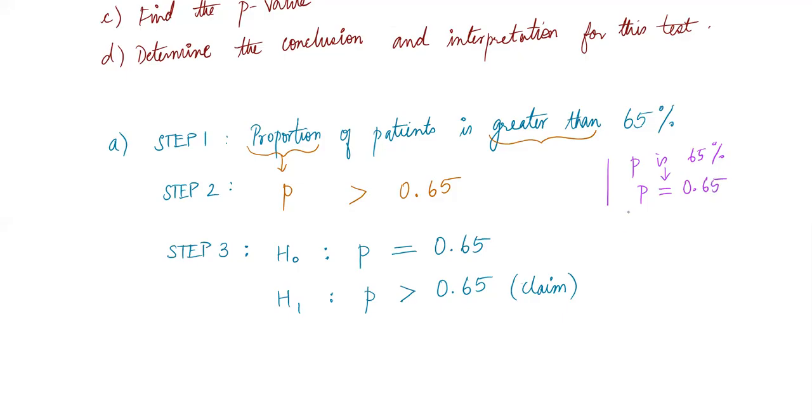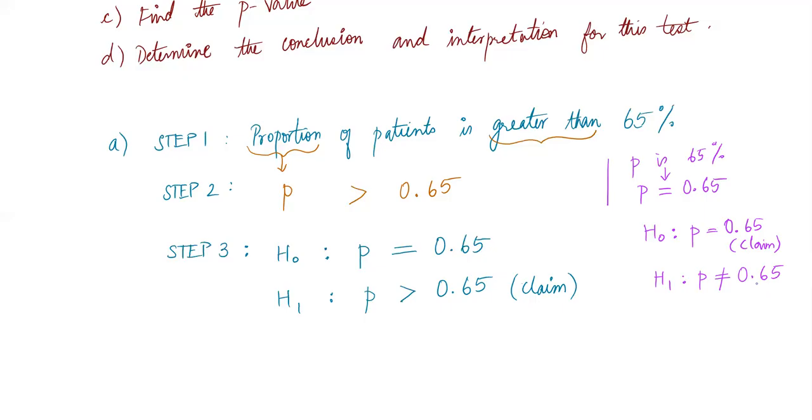And if that was your step 2, then in step 3, you would write the one with the equals and call that the claim, because your claim already had the equals. Because your claim had the equals, your H1 must be the opposite of it. So you'll say not equals 0.65. Your claim is equals, but your alternate hypothesis is not equals.